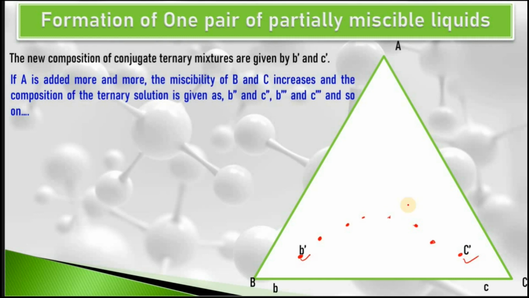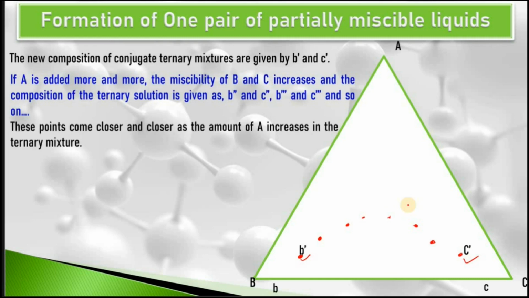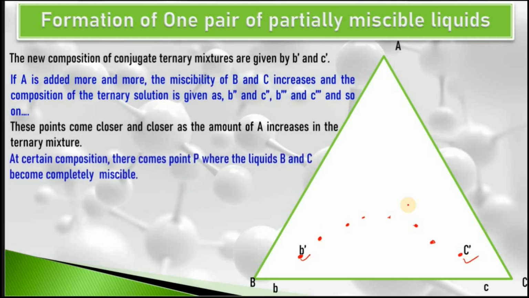So these points get closer and closer as the amount of A increases in the ternary mixture. And at certain composition, there comes a point where liquid B and C become completely miscible.